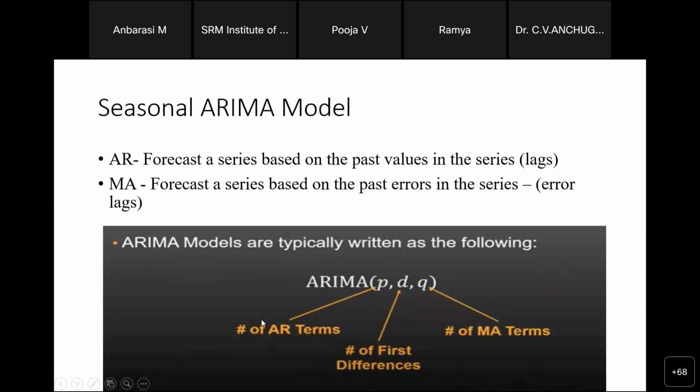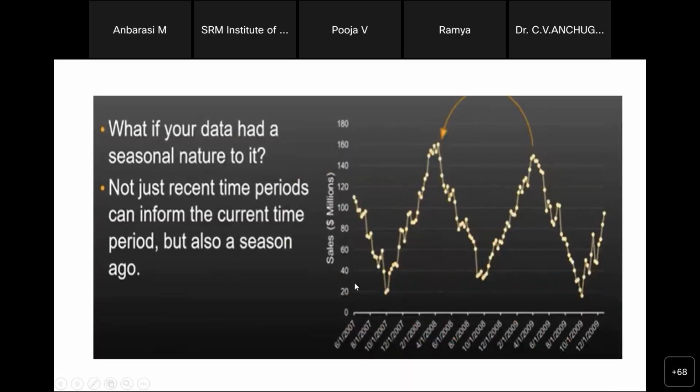P value is the order of AR, then d is the number of first differences, and q is the order of moving average. So here also we have the same thing, but here we are going to consider it as seasonal. Generally we won't consider seasonality in the normal stationary case.